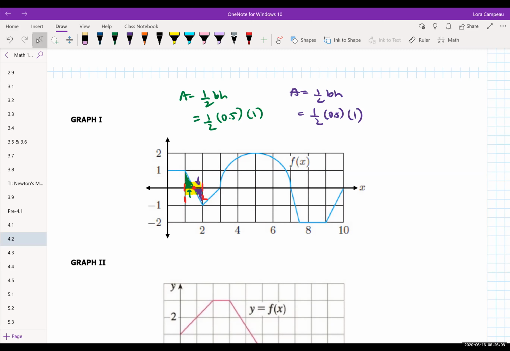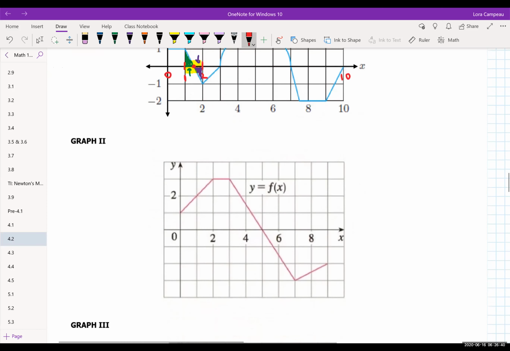Let's do this. Let's look at everything from 0 to 10. We'll try that. So this time, I'm going to look at the entire figure as a whole. So starting at x equals 0 and stopping at x equals 10. And so this would be the case of us playing with maybe breaking up these oddly shaped figures into nice recognizable shapes.